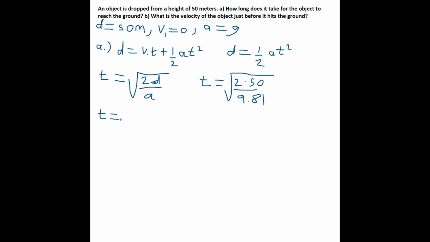So time is equal to the square root of 100 over 9.81. And this is equal to 3.19 seconds.